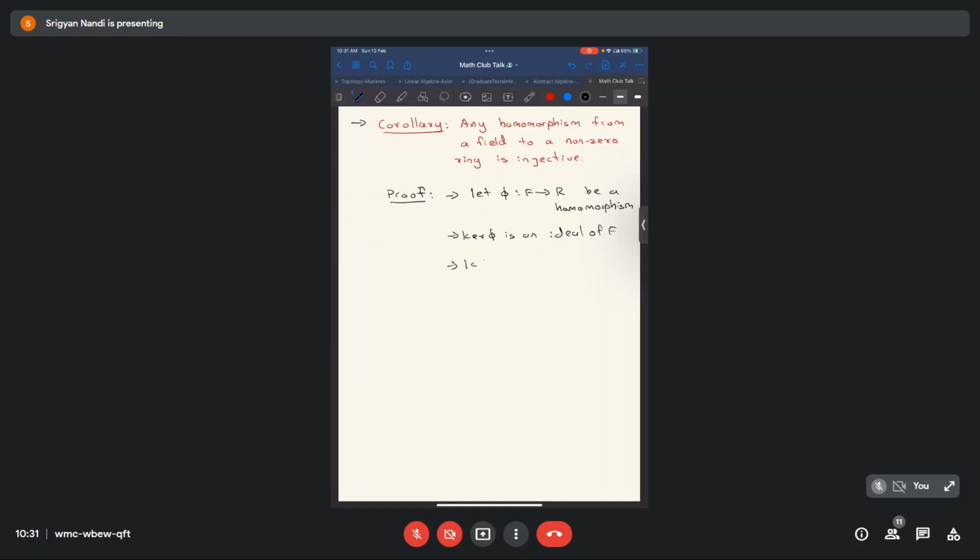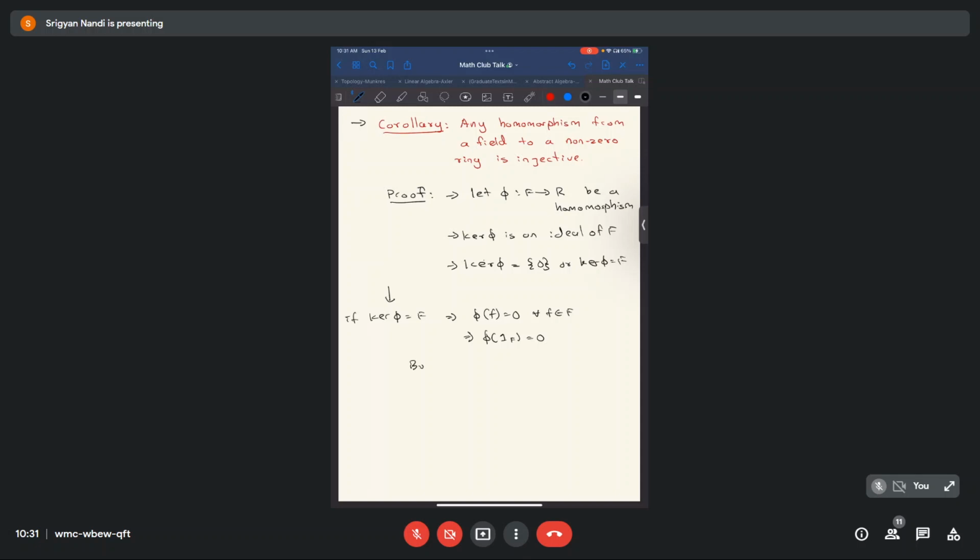So since the kernel of phi is an ideal, we have that the kernel of phi is 0 or the kernel of phi is equal to F. Well, we consider the case where the kernel of phi is equal to F. That will imply that phi of x is equal to 0 for all elements of F, which implies that phi of the unital element of F is also equal to 0.